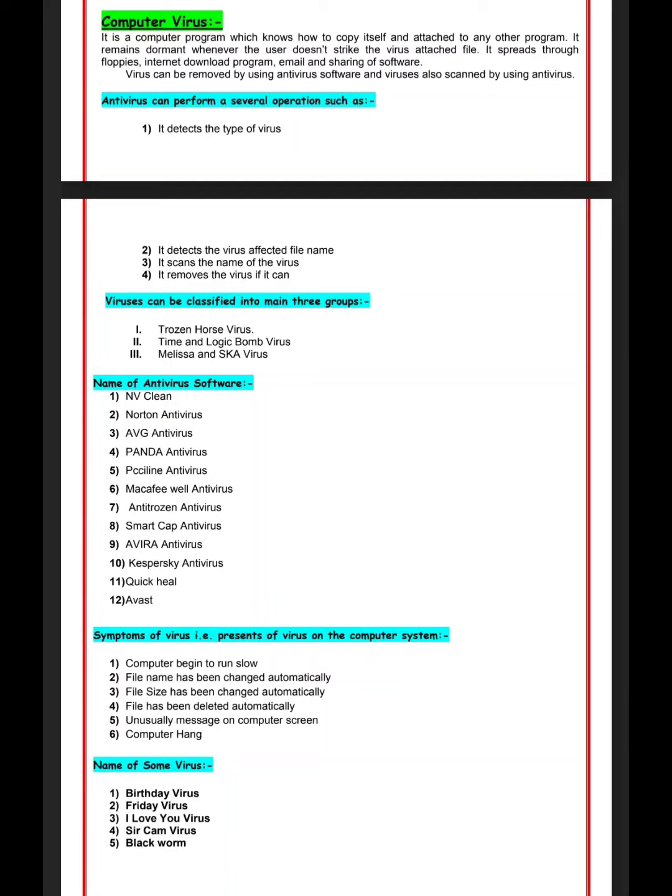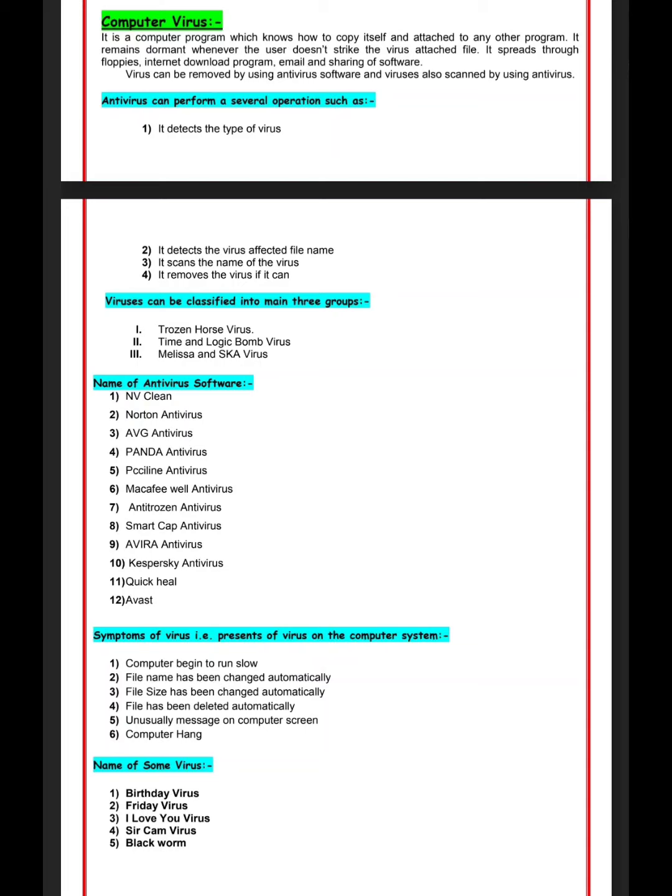Viruses can be classified into three main groups: Trojan horse virus, time and logic bomb virus, and macro and boot sector virus. Names of antivirus software: NVClean, Norton antivirus, AVG antivirus, Panda antivirus, PC-cillin antivirus, McAfee antivirus, Anti-Trojan antivirus, SmartCap antivirus, Avira antivirus, Kaspersky antivirus, QuickHeal, Avast.